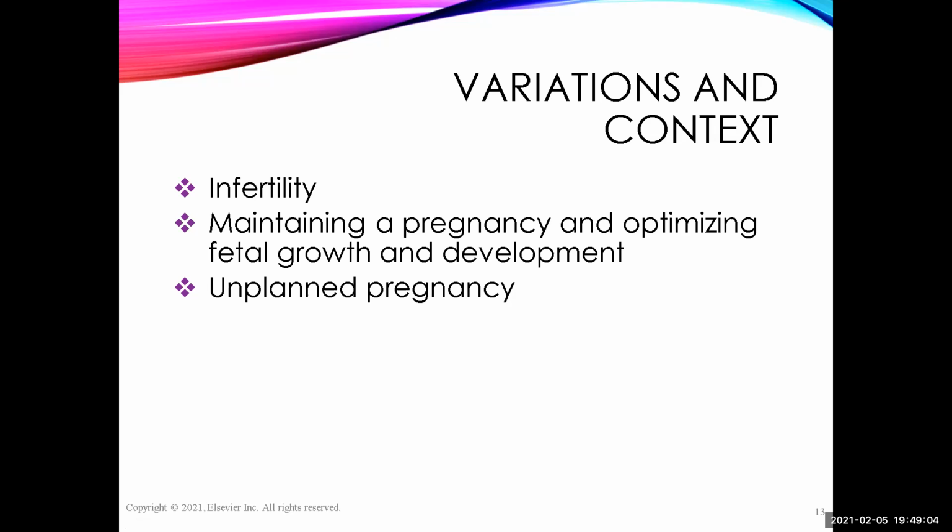The other part to this is unplanned pregnancy. Most of the time pregnancy is an expected event, but unplanned pregnancy occurs when the contraceptive effort has failed, or there's been a sexual encounter, whether consensual or non-consensual.